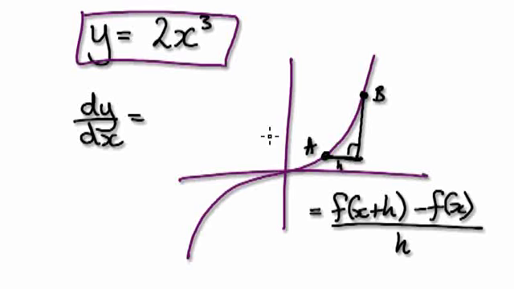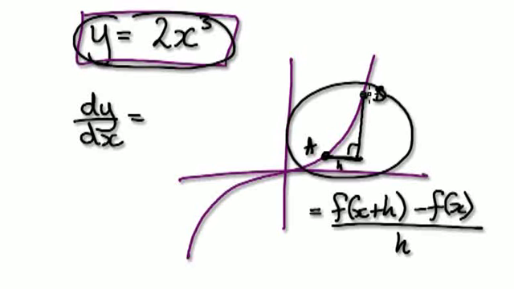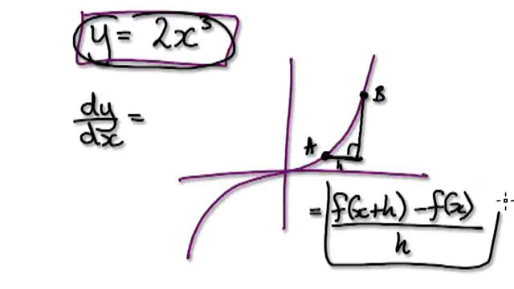Okay, so start by sketching the graph, and then set up this system here, and then inside your mind think, currently the gradient that exists between A and B is given by this.